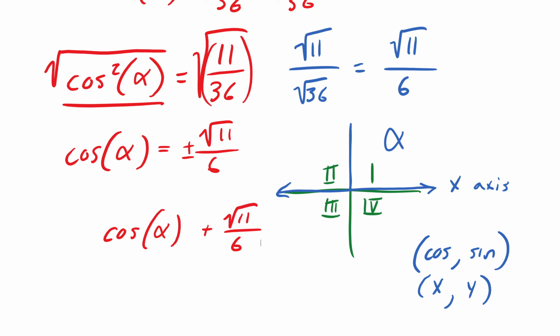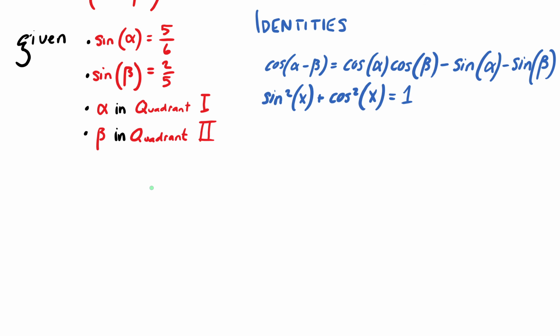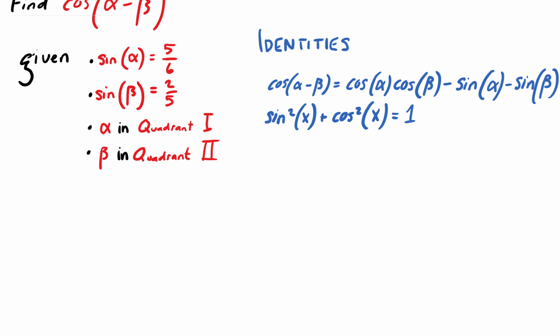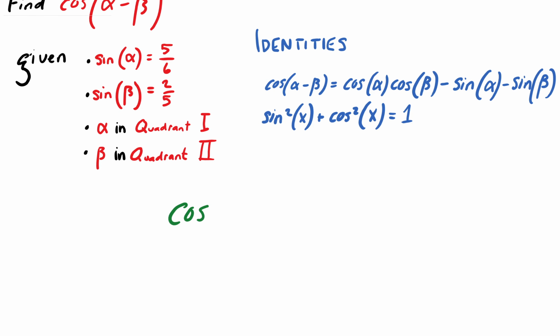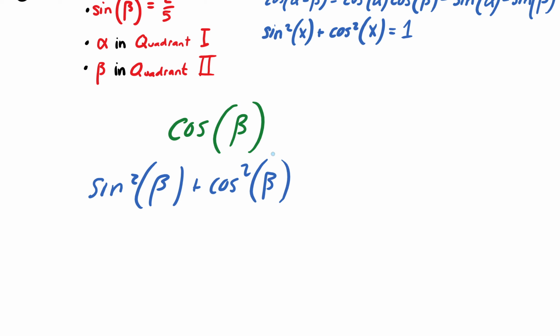Now it is time to find the sine, back to where we were, cosine of beta. So we will write our little equation here again, sine squared, and this time we'll write beta, plus cosine of beta squared equals 1.